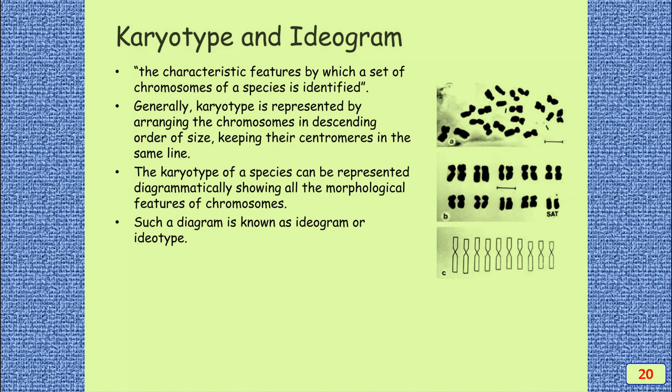Hence, generally the karyotype is represented by arranging the chromosomes in descending order of size, keeping their centromeres in the same line. And the karyotype of a species can be represented diagrammatically showing all morphological characteristics. Such diagrams are called ideograms or idiotypes.